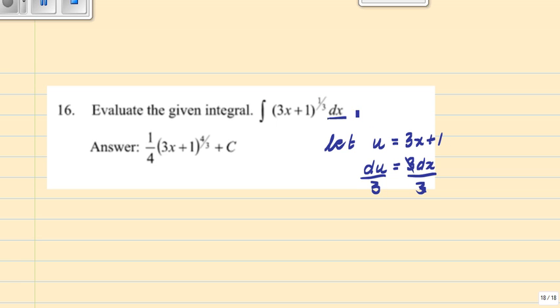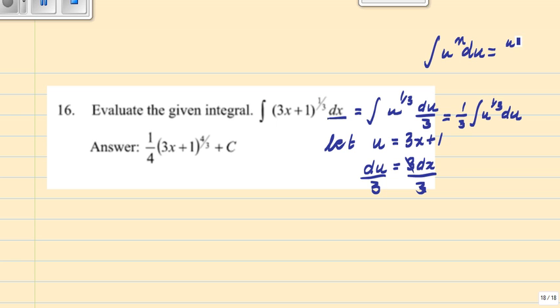Cancel, so this is equal to integral 3x plus 1 is equal to u to the power of 1/3, dx is equal to du over 3, and that gives you 1/3 integral u to the power of 1/3 du, and now we can apply our formula. Integral u to the n du is equal to u to the n plus 1 divided by n plus 1 plus c.